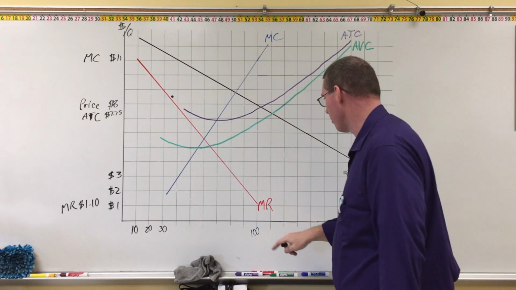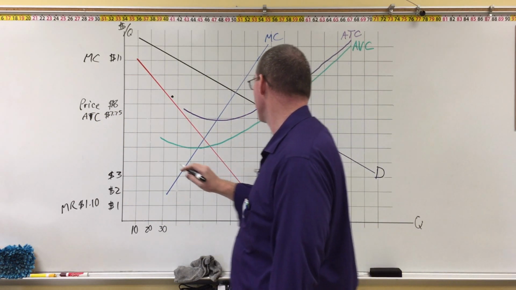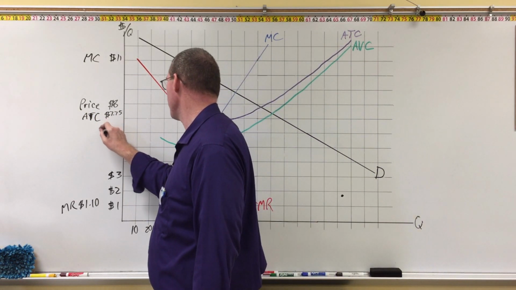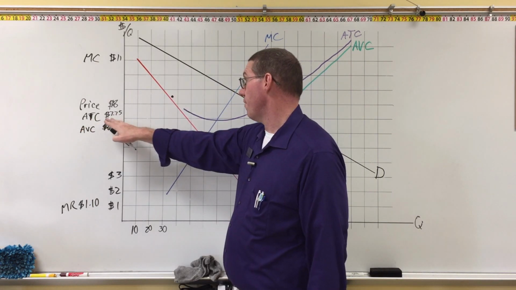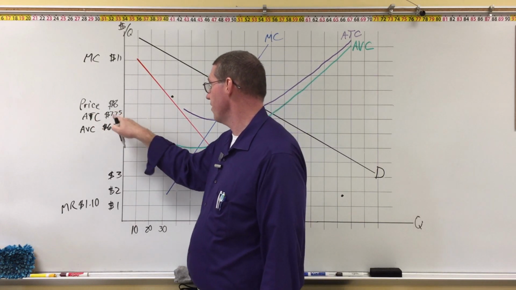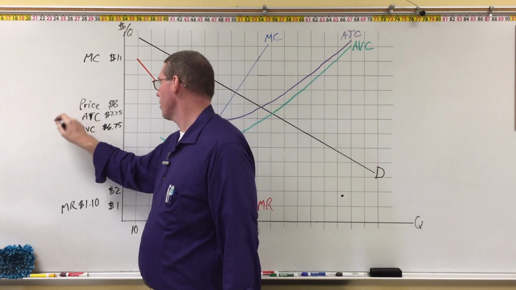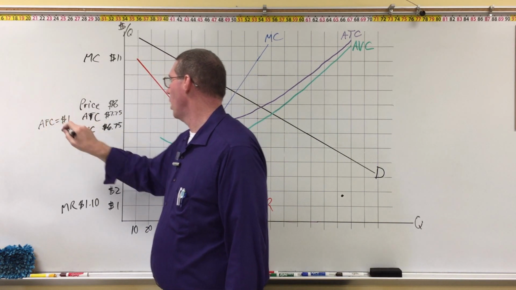Average variable cost is the green curve. So we'll go 1, 2, 3, 4, 5, 6, somewhere between 6 and 7. So let's say maybe $6.75 is the average variable cost. And of course, average fixed cost is going to be average total cost minus average variable cost. So $7.75 minus $6.75, that's going to be average fixed cost is $1.